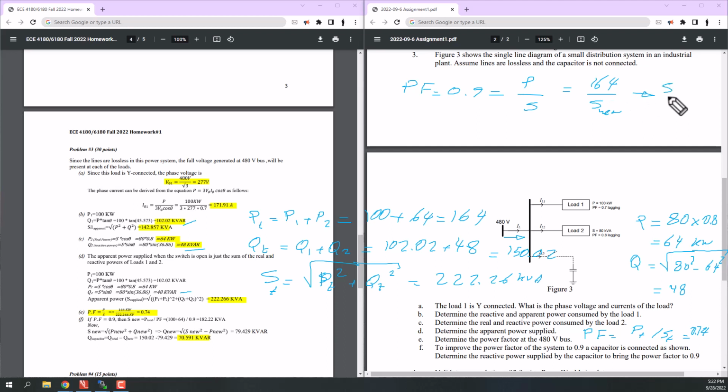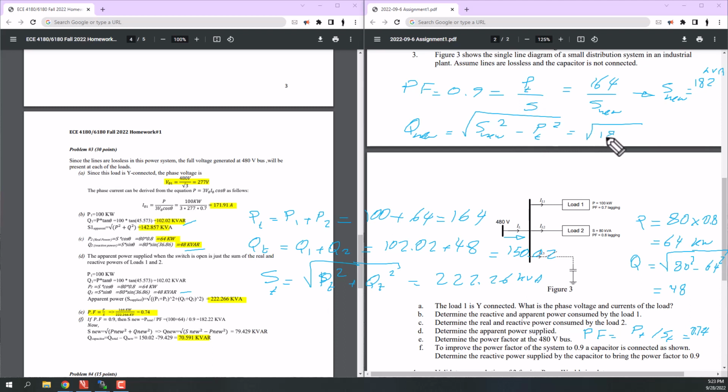So we can find S new as 164 divided by 0.9, which gives us 182 kilovolt ampere, and clearly new reactive power is root square of S new square minus P square, which is actually P total.